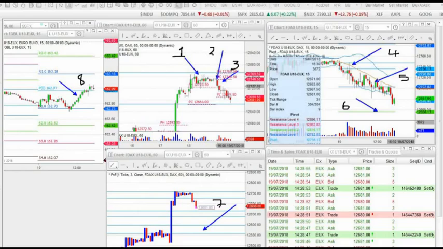Anyway, so come to number five now, and we've got, for me, really strong confirmation that this is a downward trend. Okay, and so I'm going short on this. At number six is the level which I need to reach just to make a little bit of profit for the day. Okay, and then when we go to number seven, you'll see it on the point and figure.